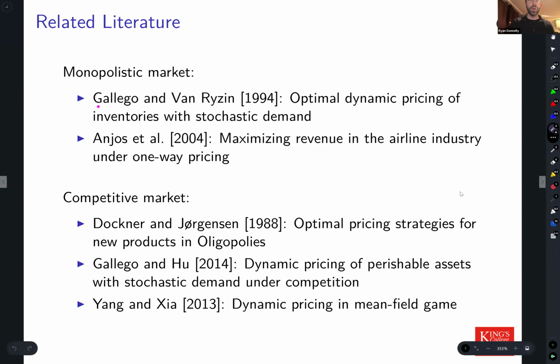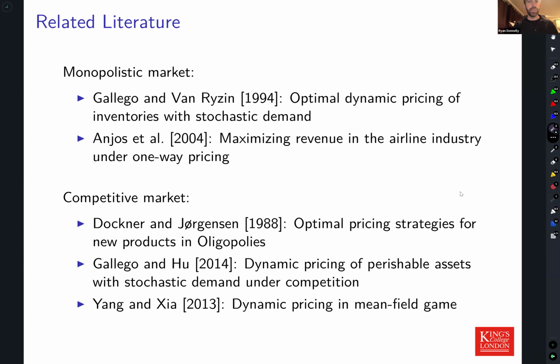And this is the one where the authors had worked with some fashion companies in determining production and sales strategies. The second paper here is a similar type of work, but sort of specifically geared towards the airline industry.